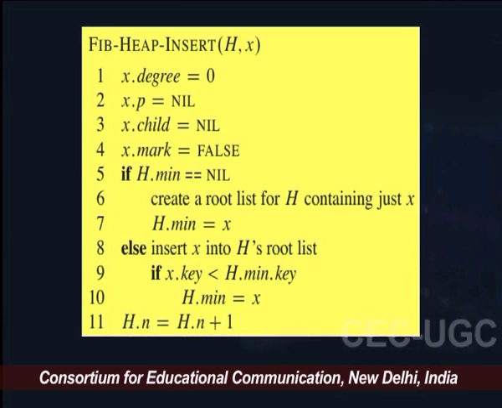No children of course, so x dot child is equal to nil. x dot mark is equal to false because the node has not been marked yet.